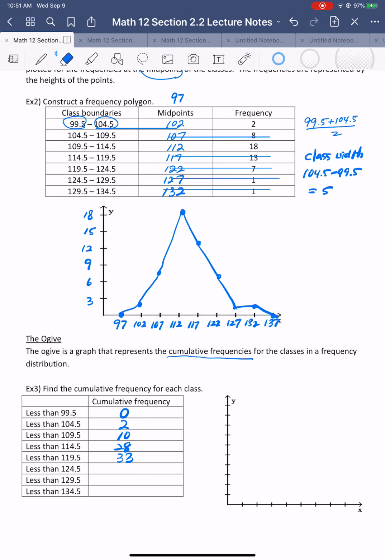Sorry about that, I messed up. Not 33. It makes it 41, adding 7, 48, adding 1, 49, adding 1, 50, okay.